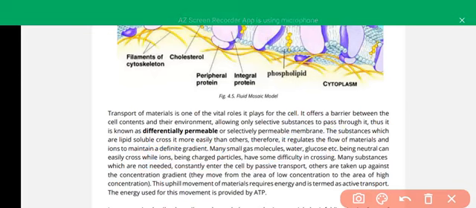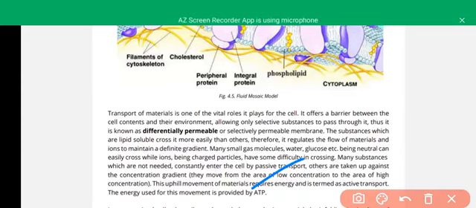For many substances that are not needed, we do not use energy, and they move by passive transport. The substances that are needed and are found against the concentration gradient can be taken in by active transport using energy.